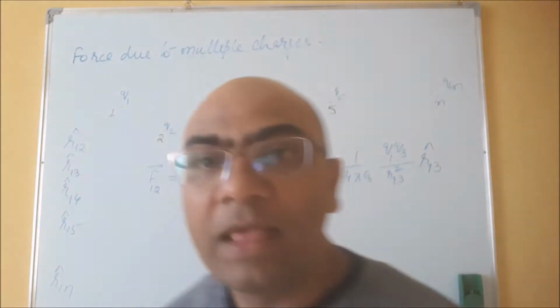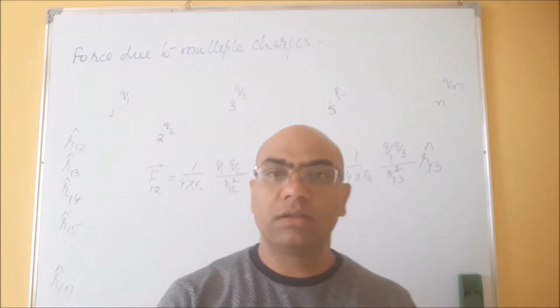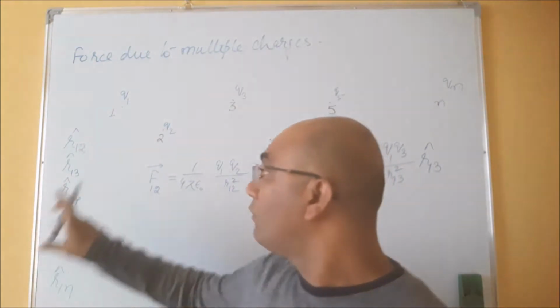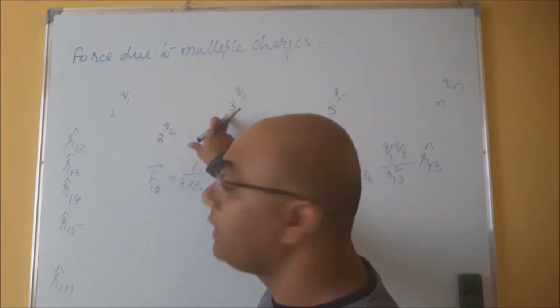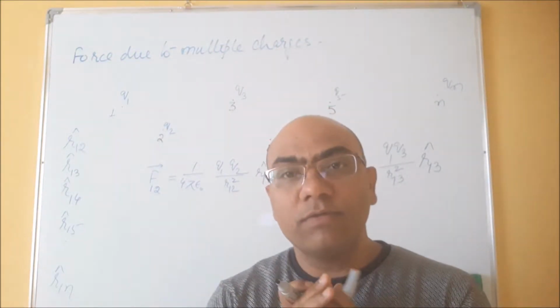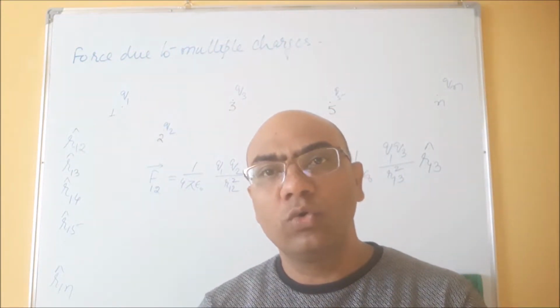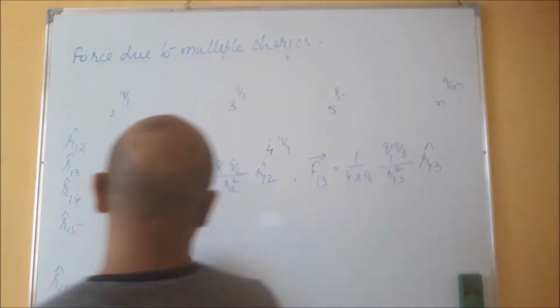This is okay. So in this way I find the value of force at 1 due to 2 and due to 3. Now if I want to calculate the total force, what will I do?